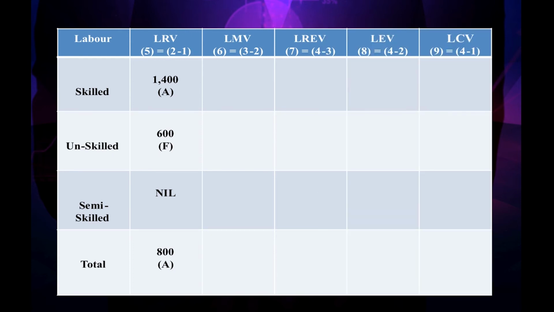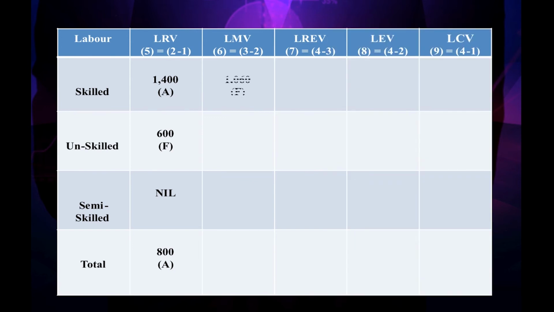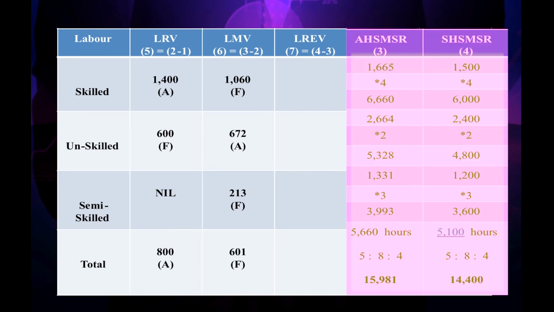Similarly, coming to column number 6, column number 6 is 3 minus 2. For skilled labor 1060 F, unskilled 672 A, semi-skilled 213 F, and the total of LMV is 601 F. Column number 7 is column 4 minus column 3.